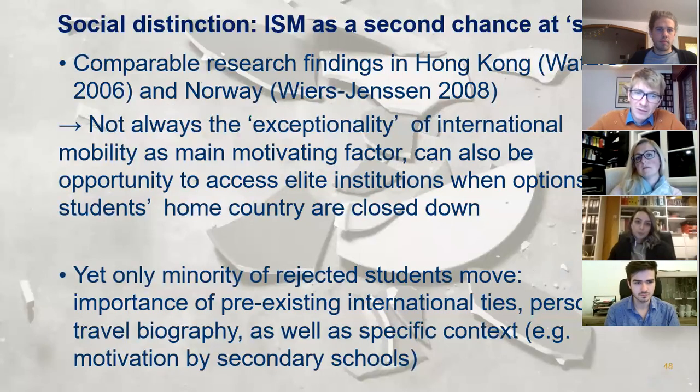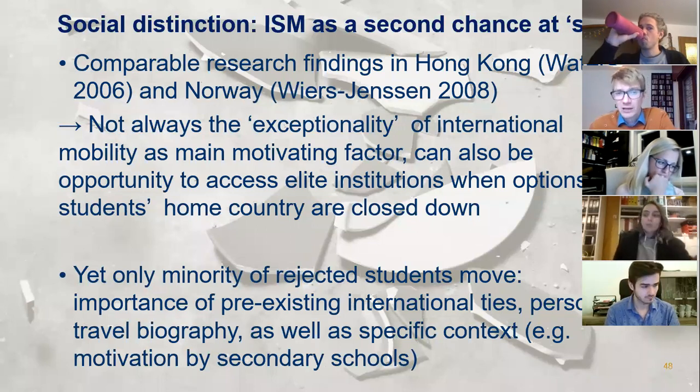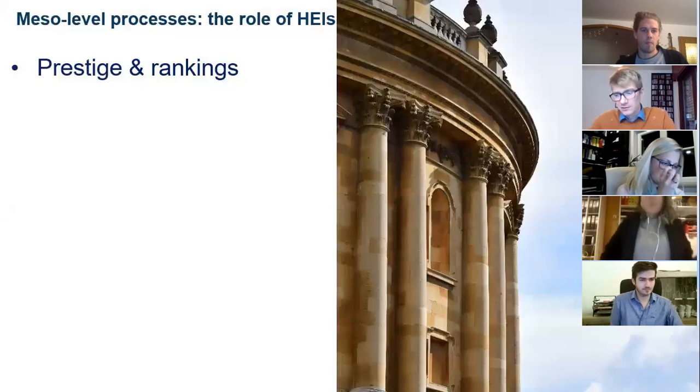So only a minority of these rejected students move, because it's these pre-existing international ties, the travel biography, and all kinds of other factors that do impact their final choice to move or not. And that's a nice thing in the sense that it points to the importance of always trying to move beyond your own discipline and to also look across disciplines for other insights that might help you situate the final decisions that these students make.